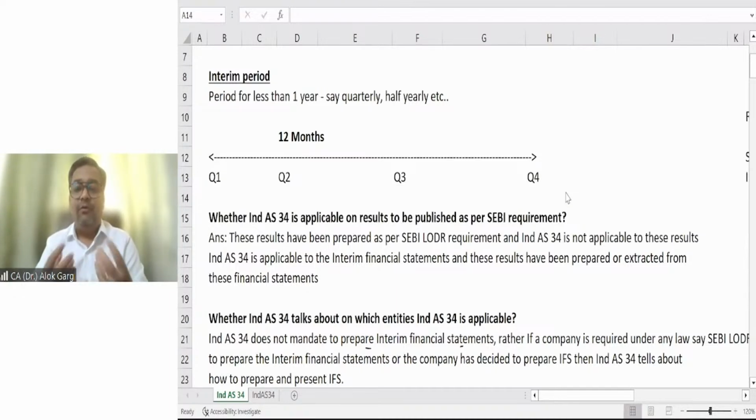And even a few important notes to accounts are also there, like segment reporting, right? Like your critical notes, important notes, which are important for the user of the results to understand about that quarter, that interim period. So just to prepare those results, companies are preparing interim financial statements.